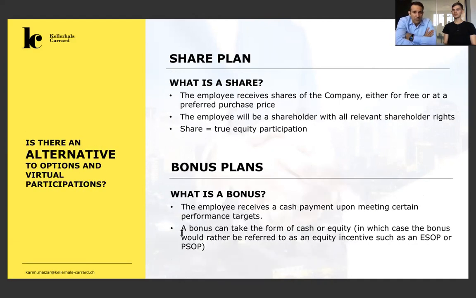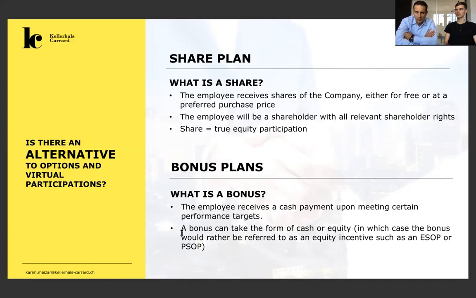I already mentioned it, shares would also be an option or a possibility rather to avoid further confusion to give to employees. Now, some startups actually use that as an instrument. So some startups give out shares to employees, which offers some very nice tax optimization possibilities. But one of the main reasons why you don't see that very often out there in the ecosystem is because the minute you grant shares, you trigger income taxes on the part of the employee.